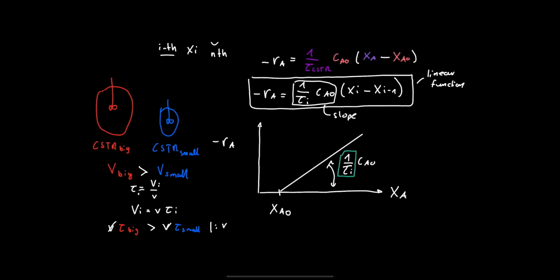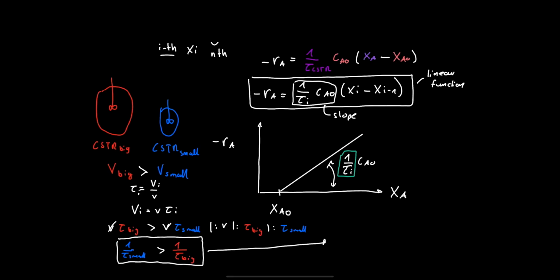And for the slope, we have the inverse, which is interesting. So now we have to divide this equation by tau big and also by tau small. So 1 divided by tau small is going to be bigger than 1 divided by tau big.